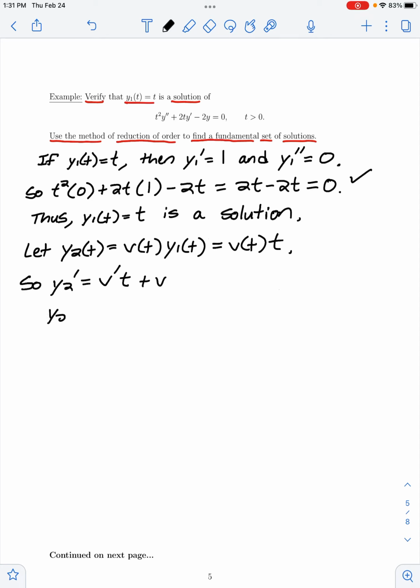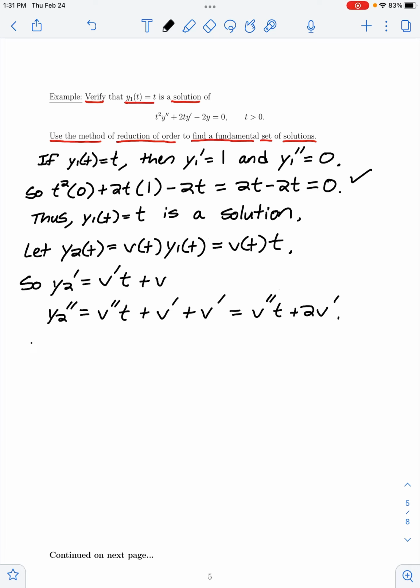And then for our second derivative, y2 double prime, using the product rule for our first term, we would have v double prime times t plus v prime times the derivative of t, which is 1, and then plus differentiating our v factor on the end, we get another v prime, which leaves us with v double prime times t plus 2v prime.